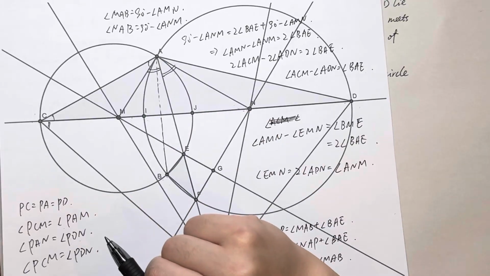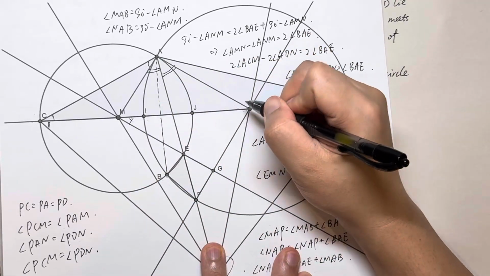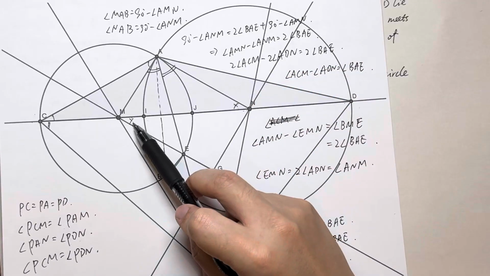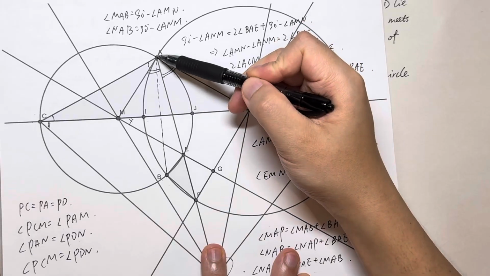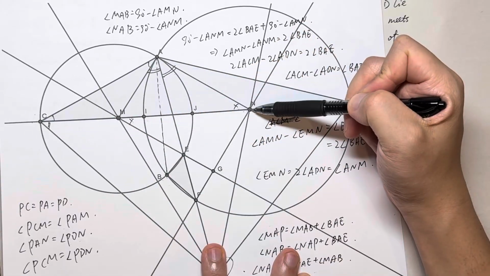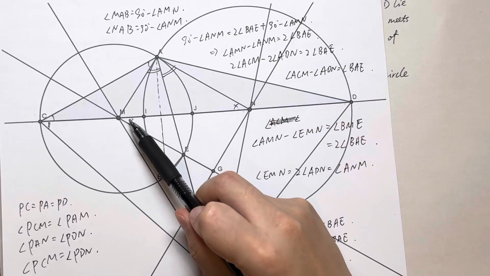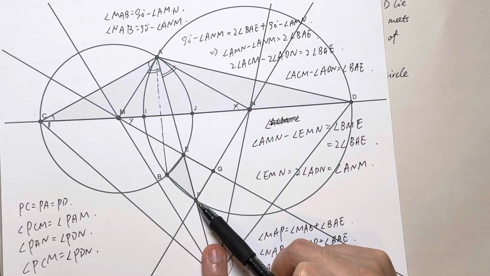So this one equals to this one. And also angle AMN, which is twice of angle ACN, equals angle MNF, right?